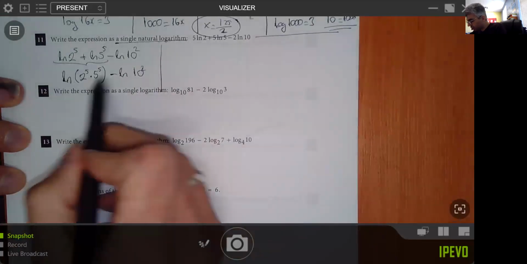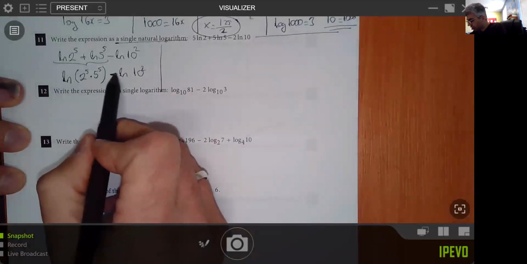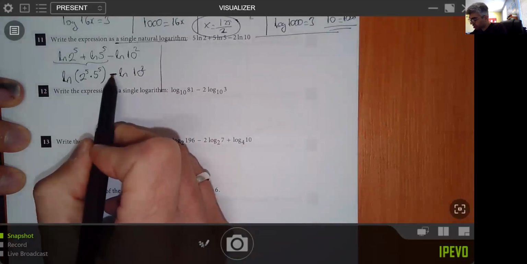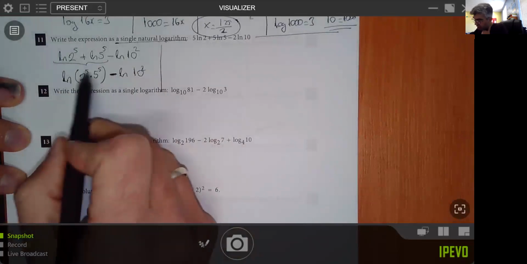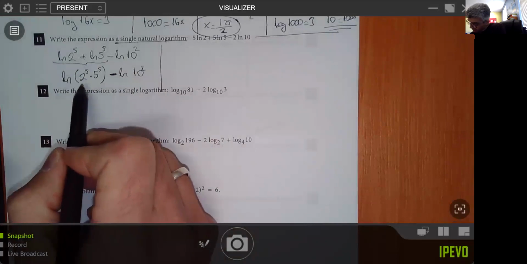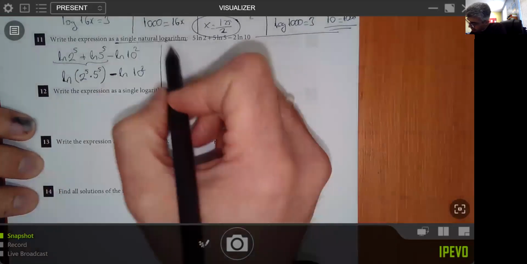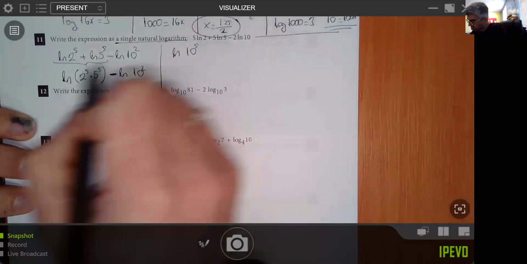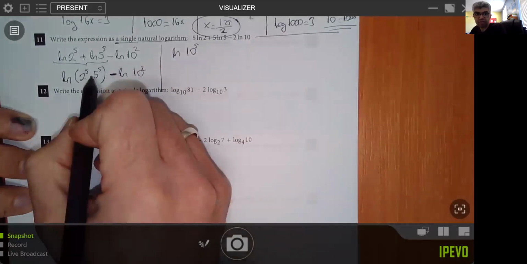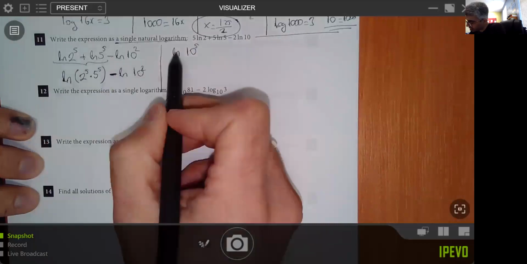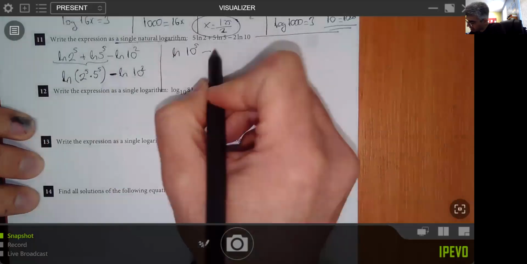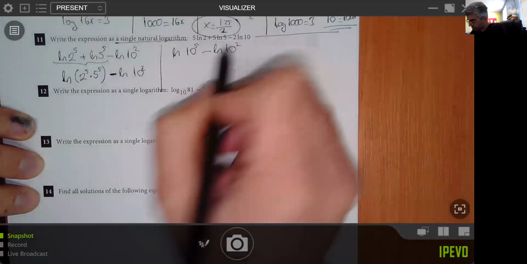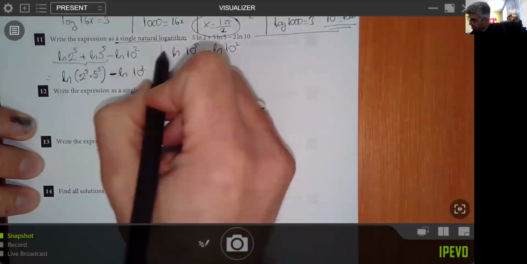And so before starting to work with subtraction, here in the parentheses, what is it, guys? It is ln 10 to the power of 5. So 2 to the power of 5 times 5 to the power of 5 is 10 to the power of 5. So it is minus ln 10 squared equals.